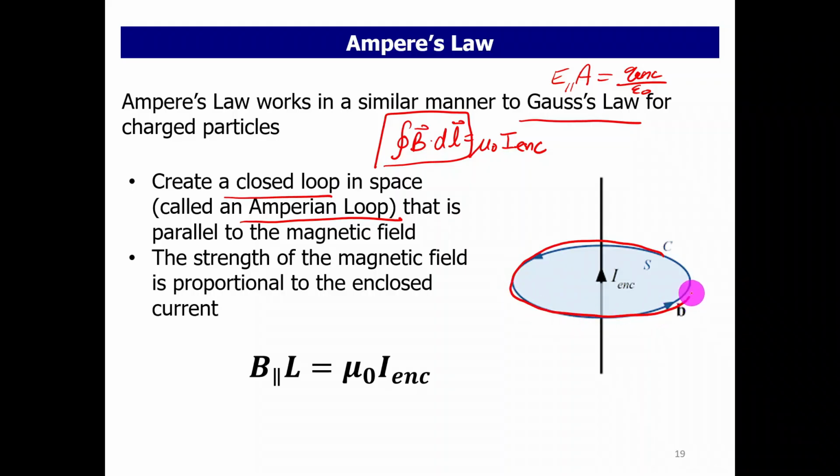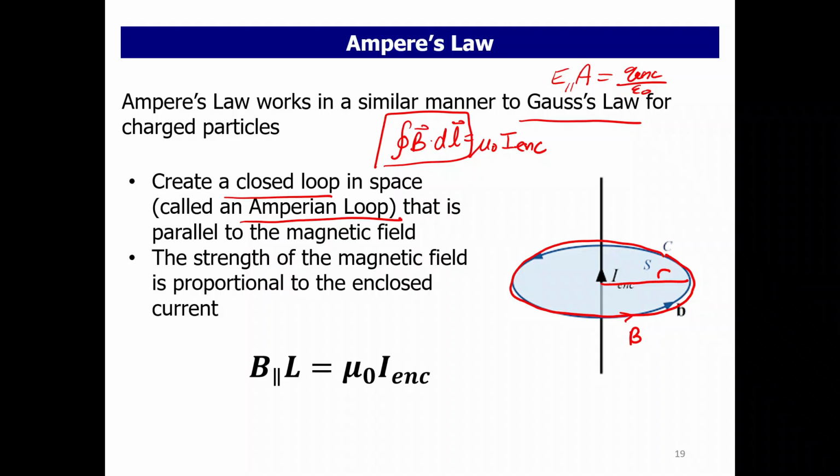So we make a loop here. This loop doesn't exist. This is a long straight wire, for example, and my Amperian loop is enclosing that wire. I've chosen this loop so that it is symmetrical to the magnetic field, because I know that the wire is making magnetic fields that are looping around, in this case in the counterclockwise direction.